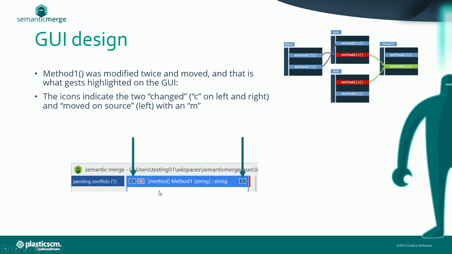We try to show all the conflicts in just a single line. So, for instance, in this case, you see this method 1, shown in red, has been modified on the two contributors. So you see a C and a C. The one on the right stands for the destination, the one on the left stands for the source: the change on the source contributor, the change on the destination contributor.